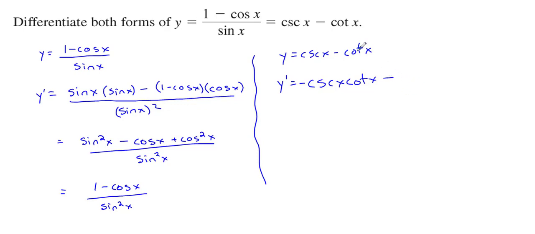Oh, so it's negative cosecant squared x, but negative negative, so make it positive. Okay, and then we could factor out a cosecant for fun. And a lot of times I'll take a negative with, but right now I'm not going to. So that'd be negative cotangent x plus cosecant x. Okay.